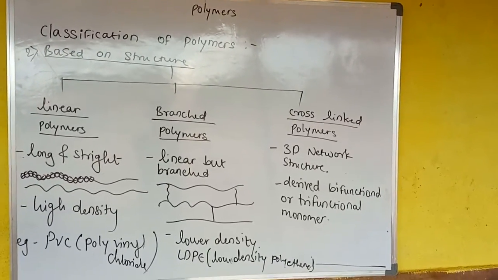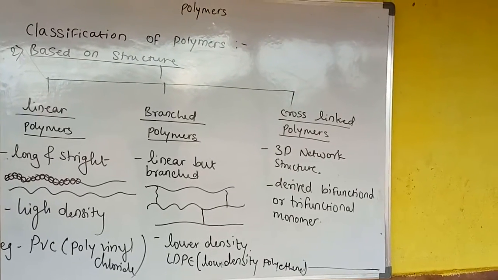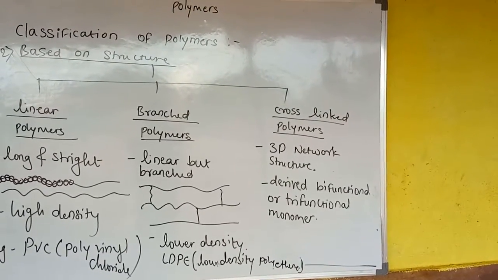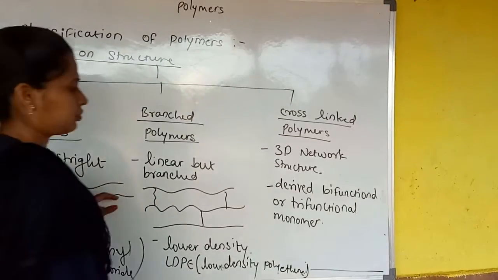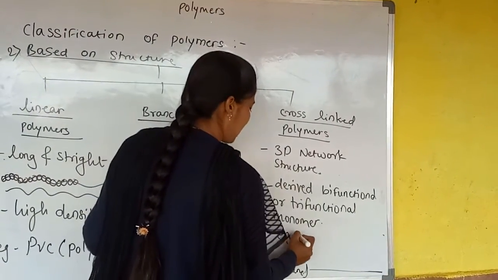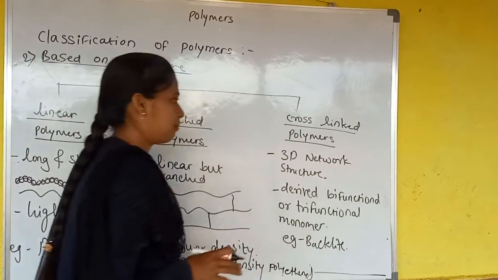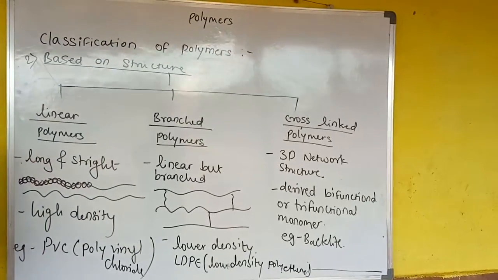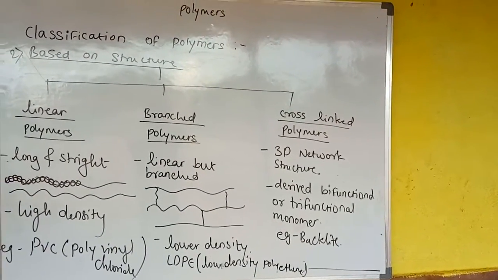Understood? So what is meant by monomers? We had studied in the previous class. Okay. So the example of these cross-linked polymers is bakelite. Where do we use this bakelite? On the dining table, you have seen those utensils which we call china dish and so on.